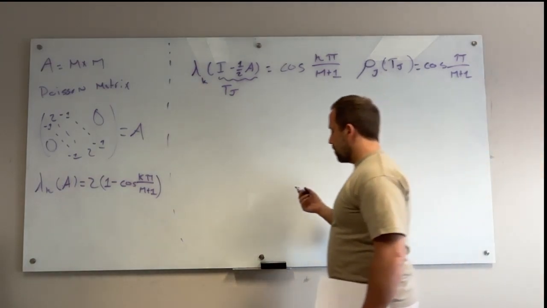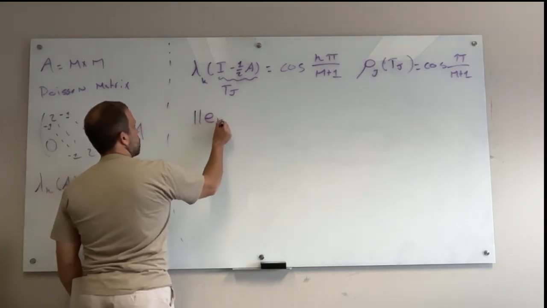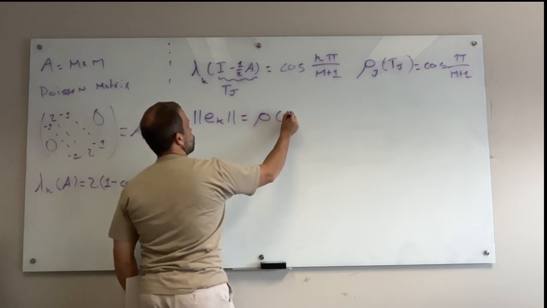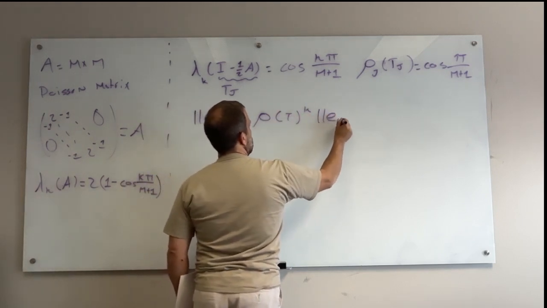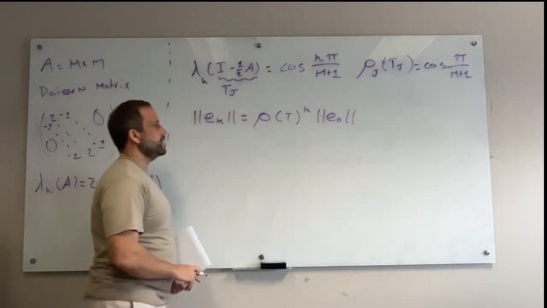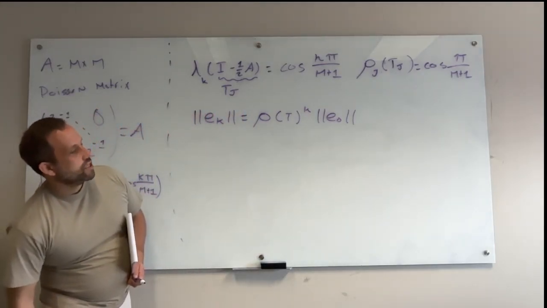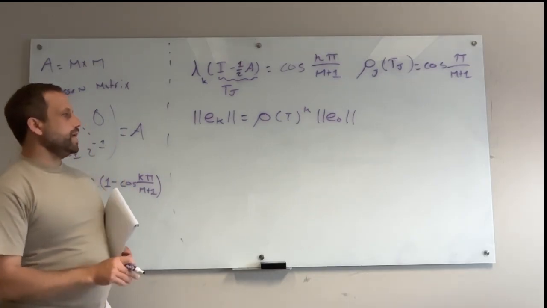Okay, so remember what we saw. The error in the kth iteration is equal to rho of T to the power of k times the initial error. Now, here's the thing.